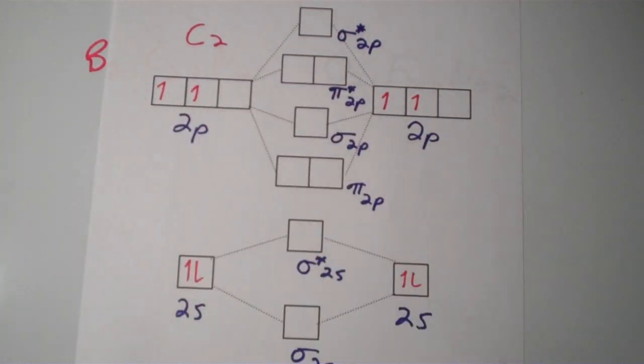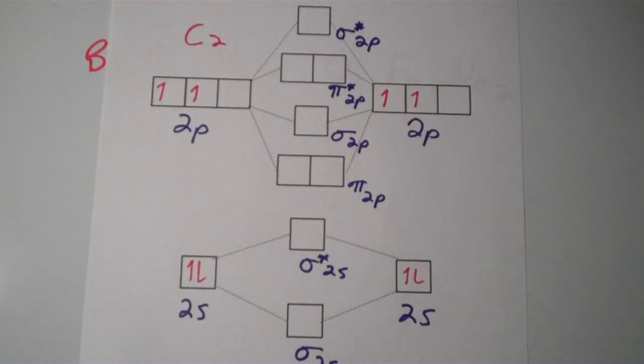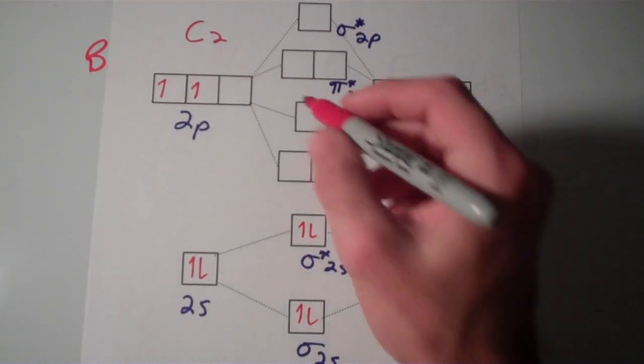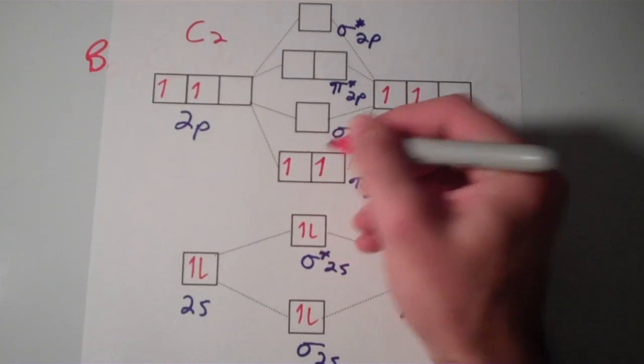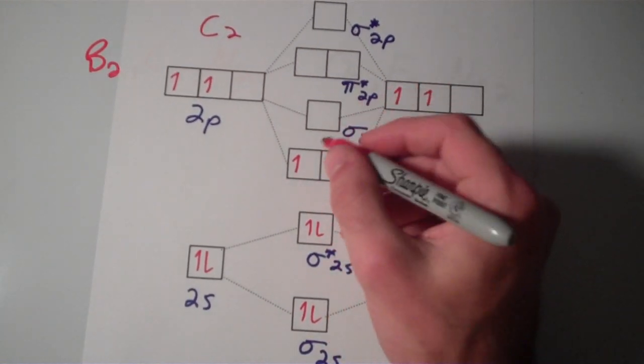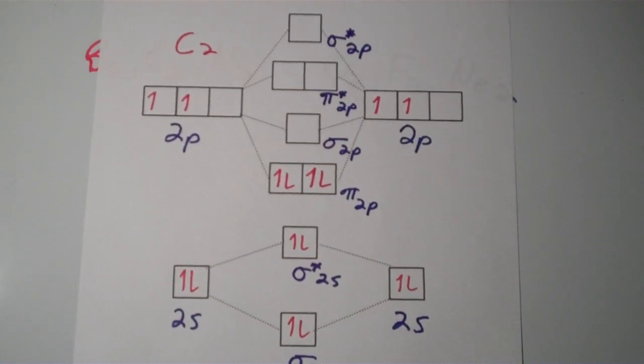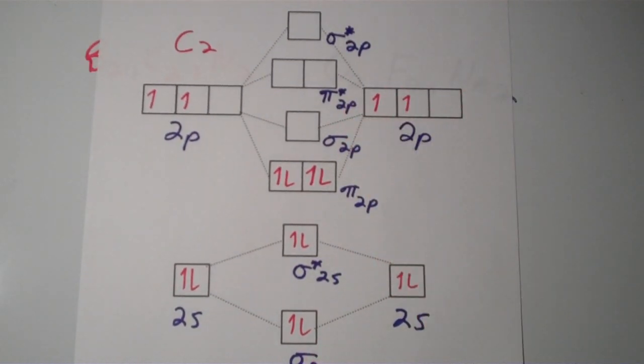There's going to be 2 electrons in each of the p orbitals. So, okay, let's fill out the molecular orbitals. These are all going to be filled. And then it looks like we're going to fill up the pi 2p molecular orbitals entirely, because there are 4 electrons coming in. So this is what the molecular orbital diagram of C2 looks like.